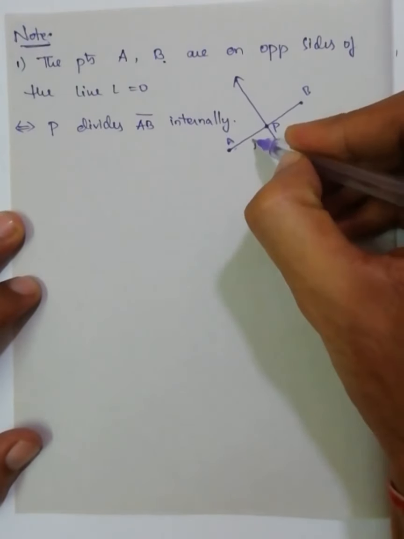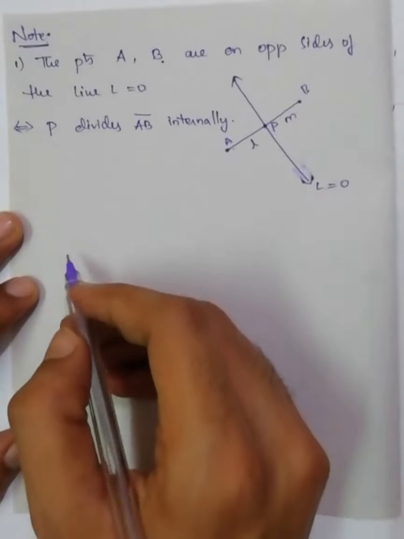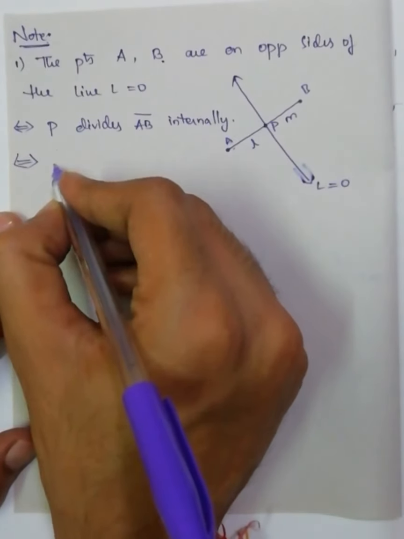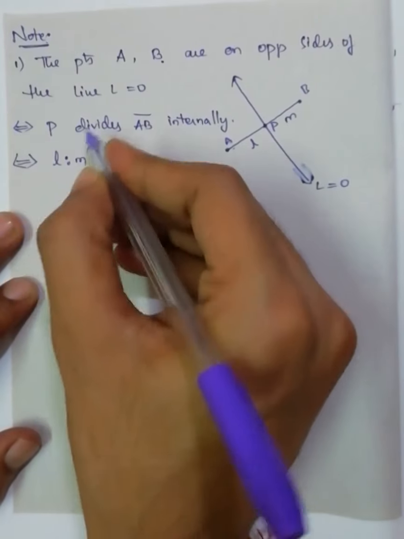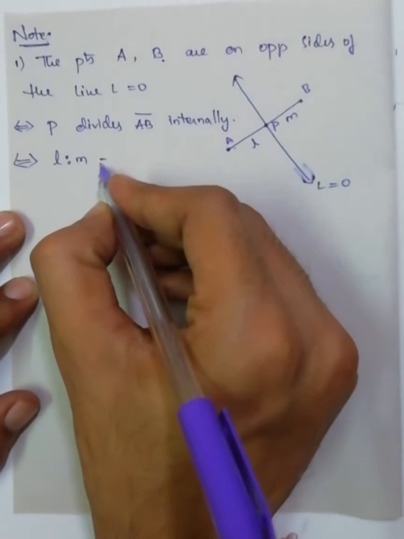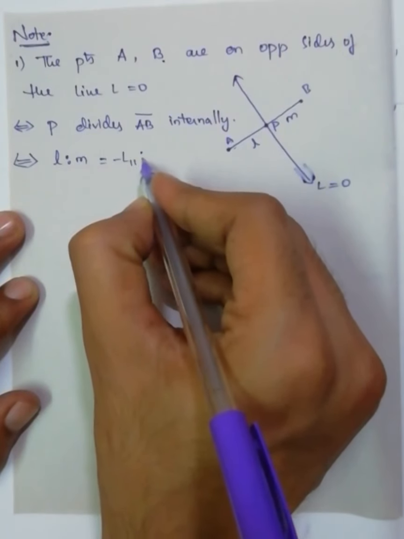Let us take this is the ratio L, this is the ratio M. If and only if L is to M, already we have learned a formula above. What is L is to M? Nothing but minus L11 is to L22.